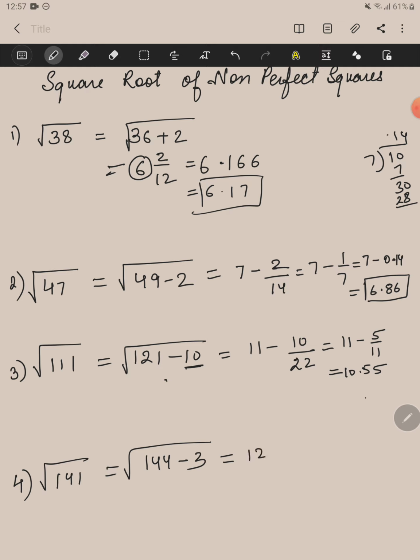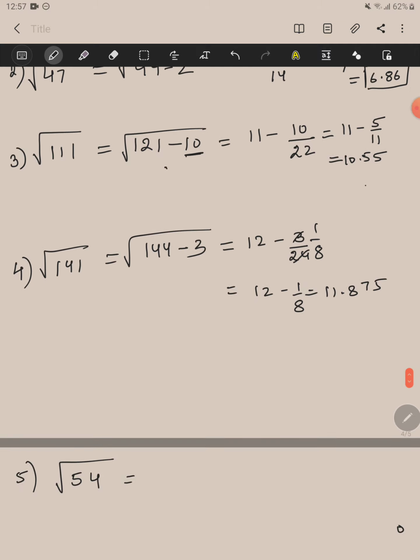This will become 12 minus 3 upon 12, double of 12, 24. We cancel this, 1 upon 8. We get 12 minus 1 upon 8. And the answer is 11.875. I hope the trick was useful.